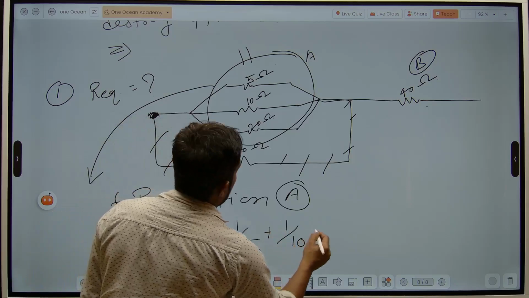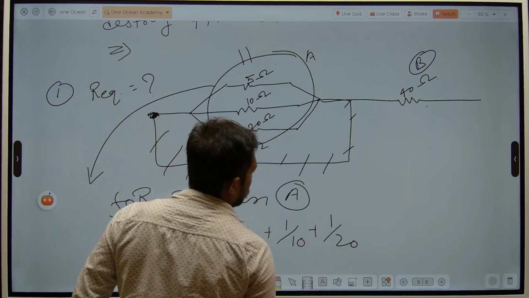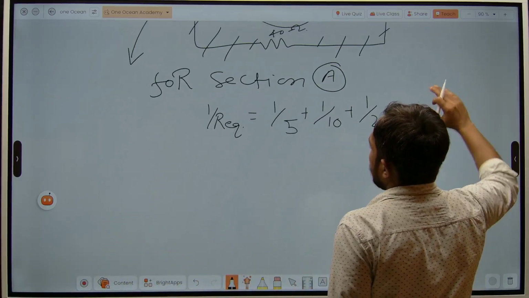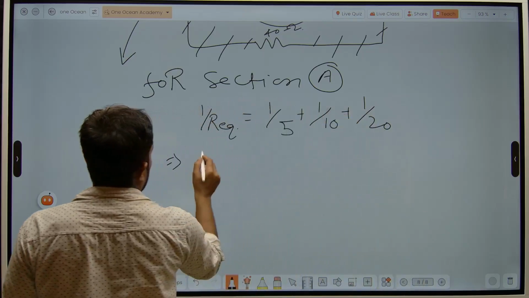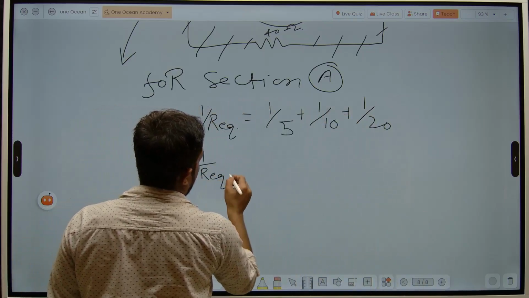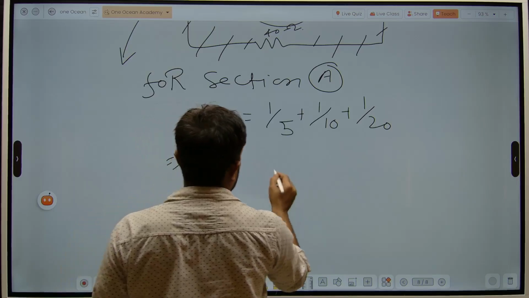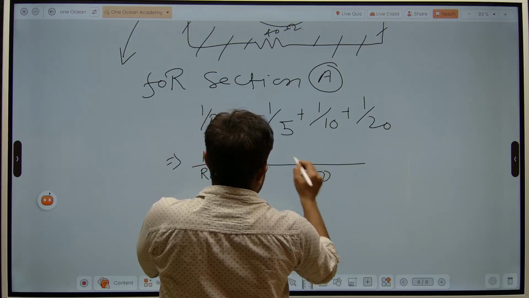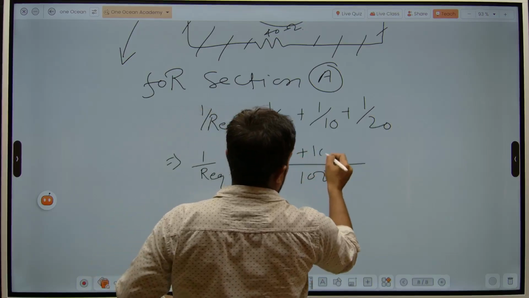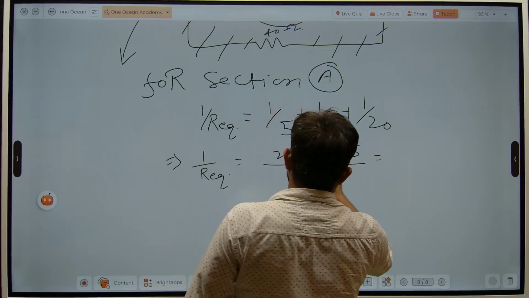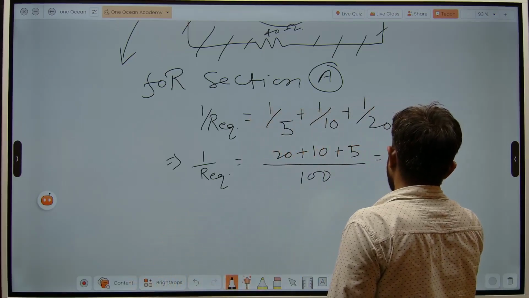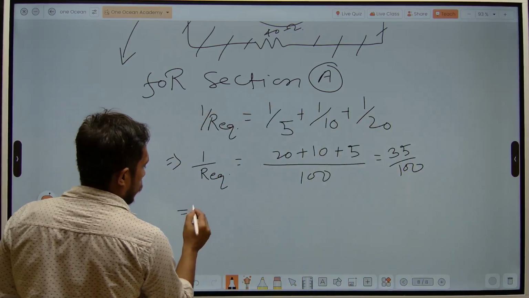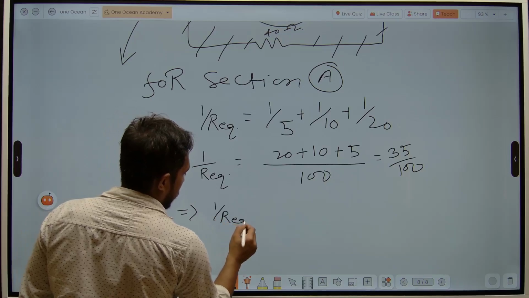On solving the given equation, it becomes 1 upon R equivalent is equal to, the LCM is 100, 20 plus 10 plus 5, that will equal to 35 upon 100. It means that 1 upon R equivalent is equal to 35 upon 100.